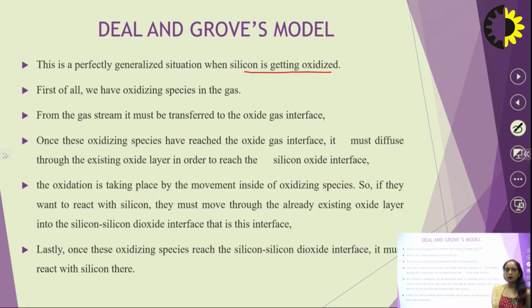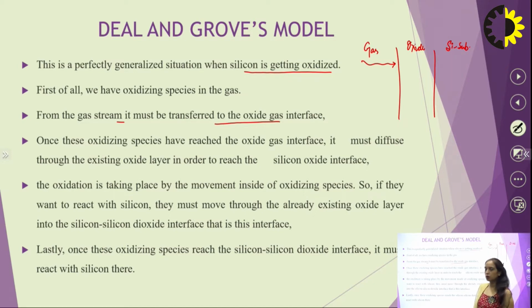First, the oxidizing species in the gas stream must be transferred to the oxide-gas interface. Once they have reached the gas-oxide interface, they must diffuse through the existing layer and reach the silicon-oxide interface.